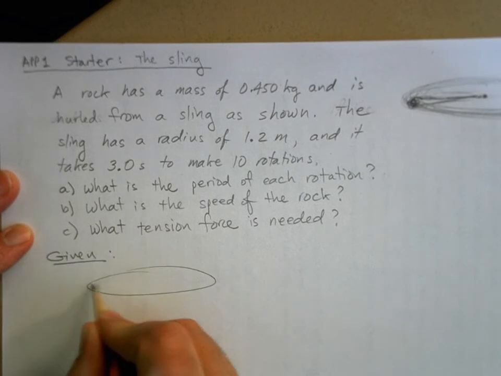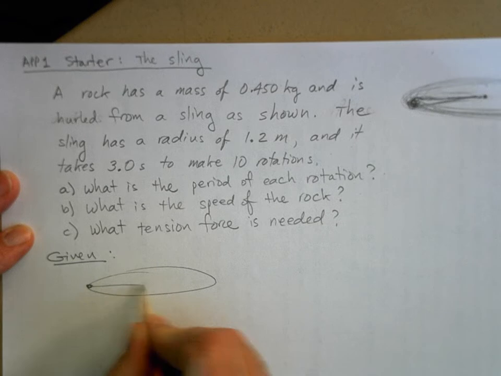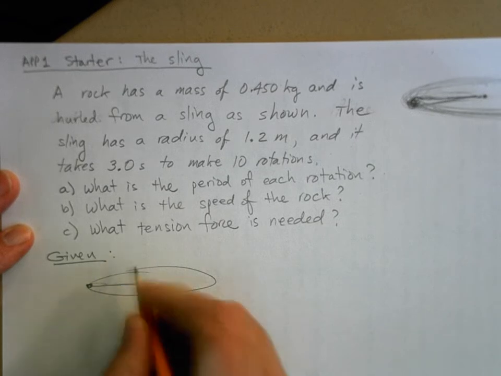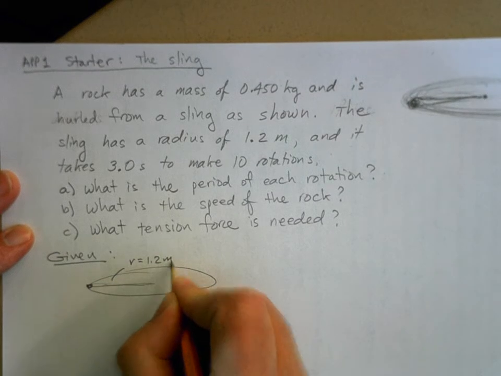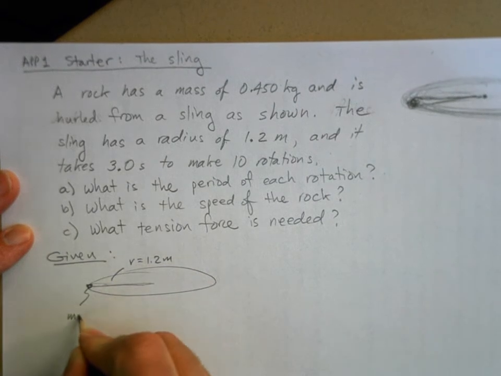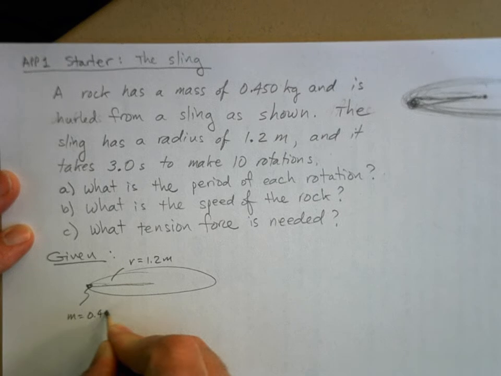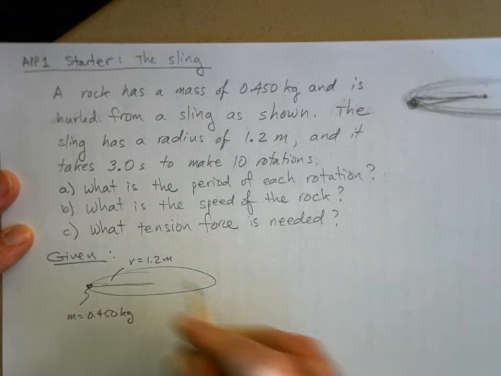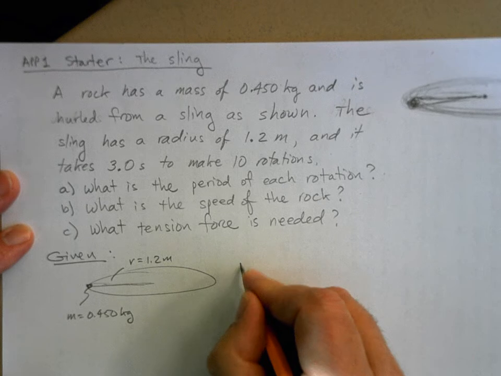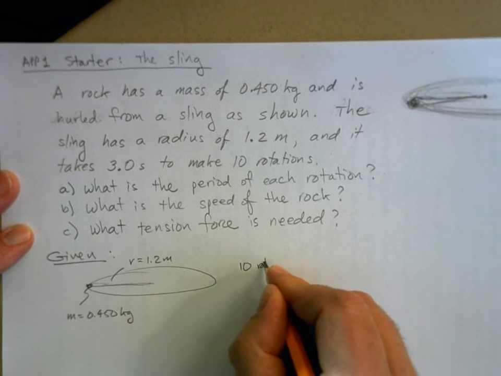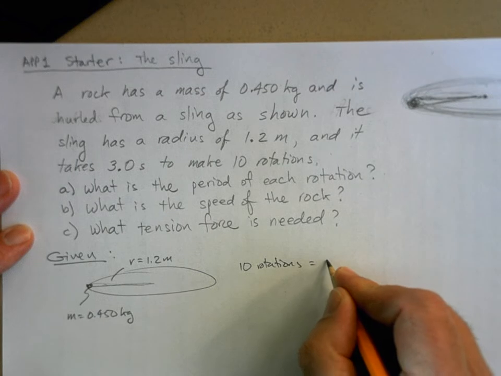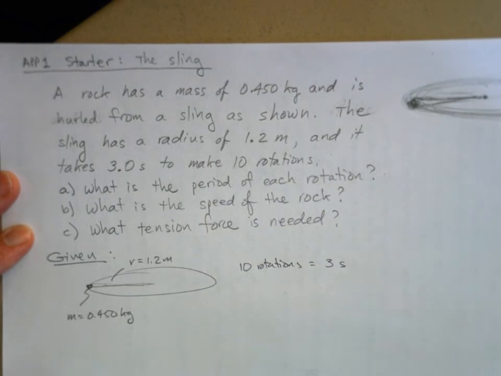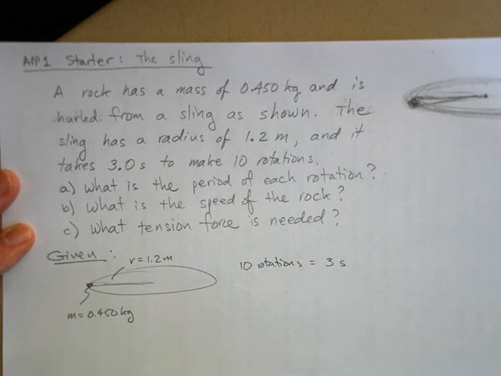So I'll just draw a quick little sketch here. Here's the radius equals 1.2 meters. The mass is 0.450 kilograms. We said that 10 rotations equals 3 seconds. Okay.